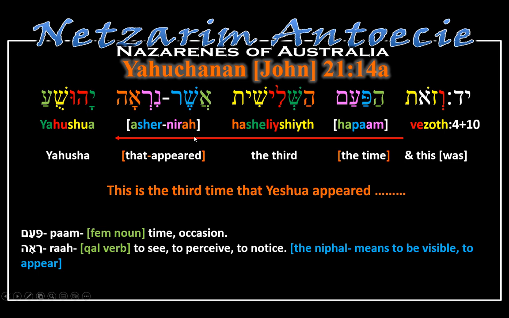So you could say was seen. That appeared, was seen, Yahushua. But they've translated generally as appeared. This is the third time that Yeshua appeared. I've given you pa'am is a feminine noun and it means time or occasion. And I've given you here ra'ah, kal verb to see, to perceive, to notice. The nifal means to be visible or to appear.